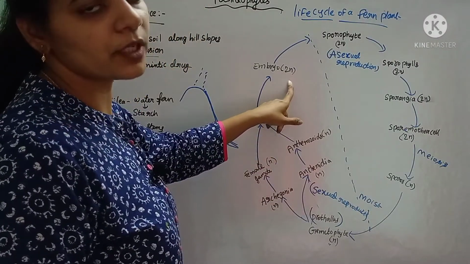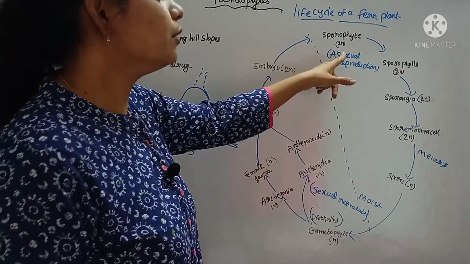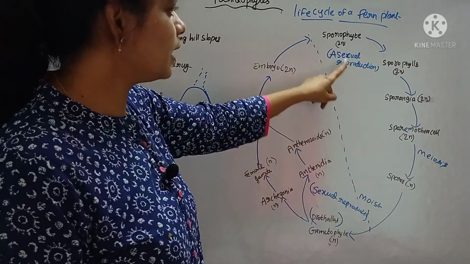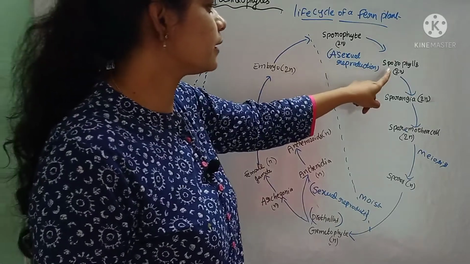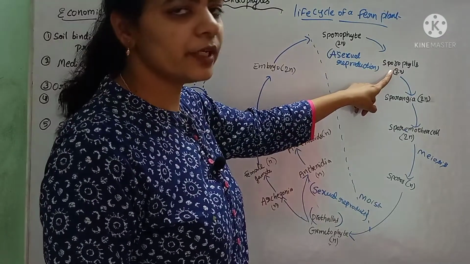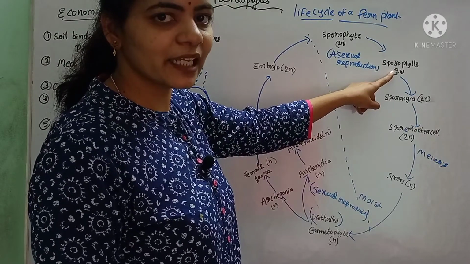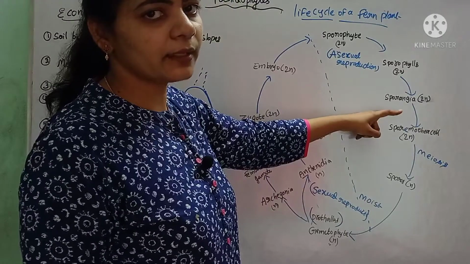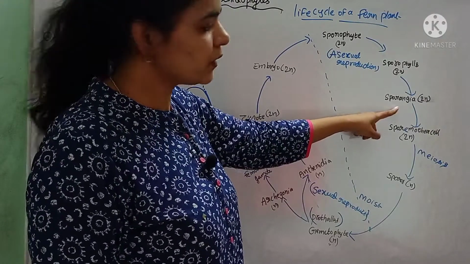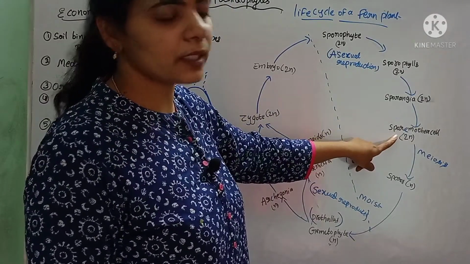Zygote develops into an embryo. From that embryo, the sporophyte, which is a diploid sporophyte, is developed. From this diploid sporophyte, sporophylls are present. Sporophylls are the leaves of the sporophyte, which contain sporangia.